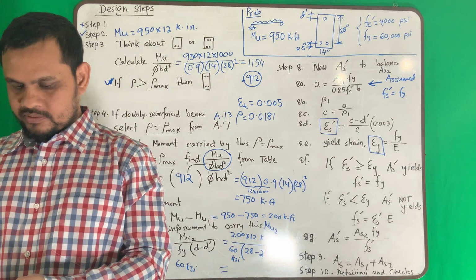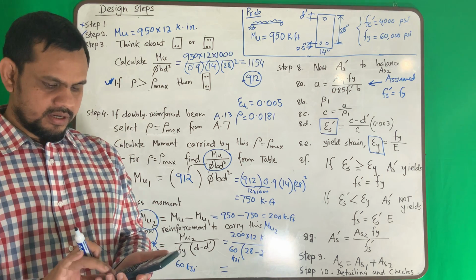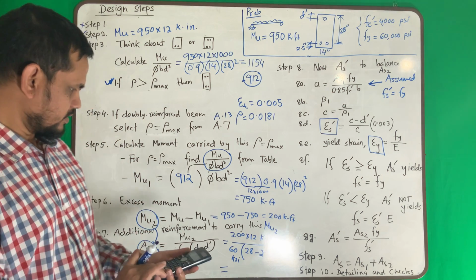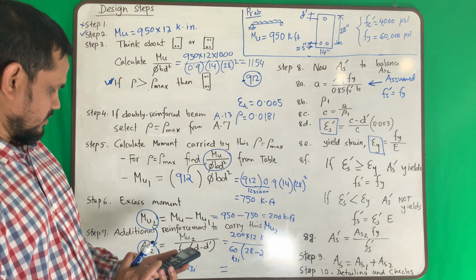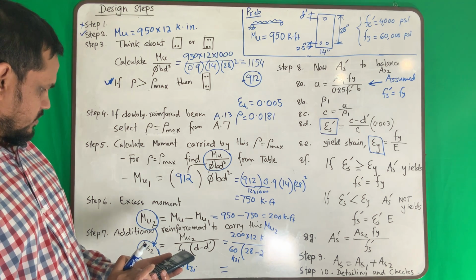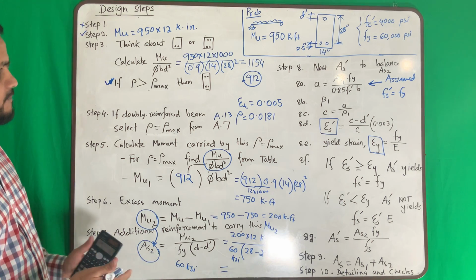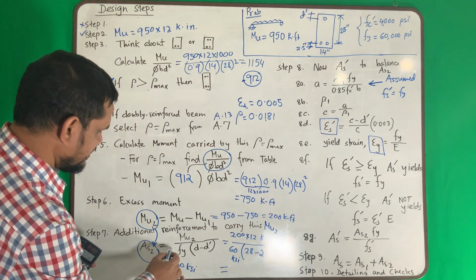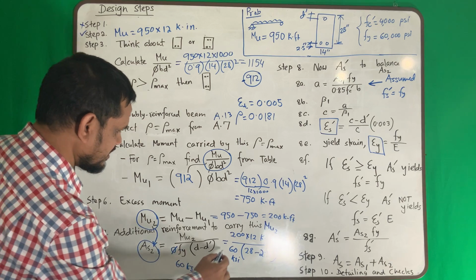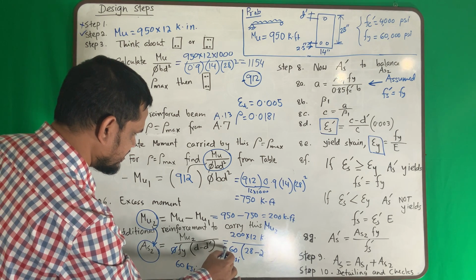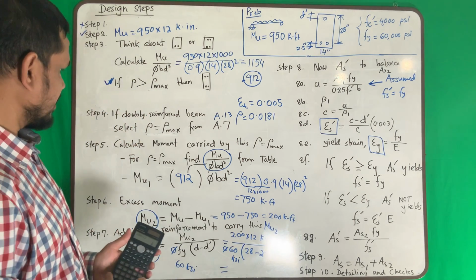So if I do the calculation, 212... I did not use P here. There should be a P here. Okay, I forgot this. There should be a P here.